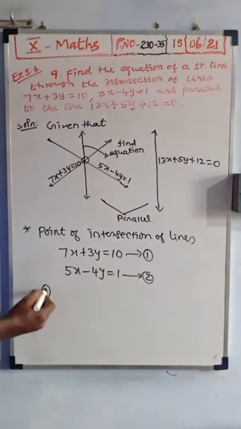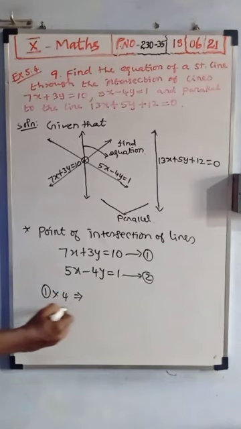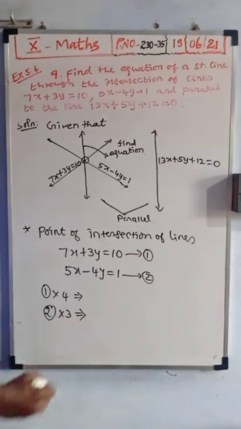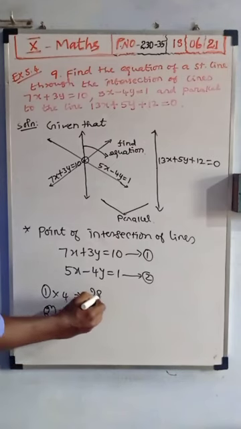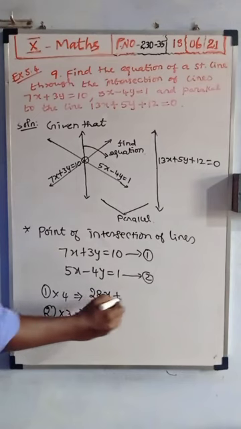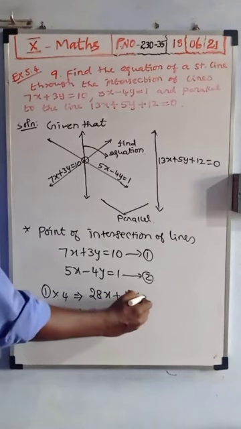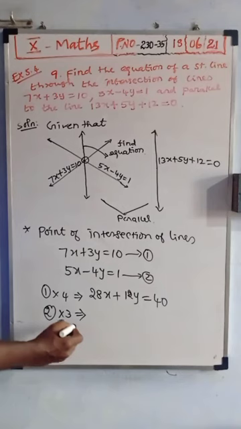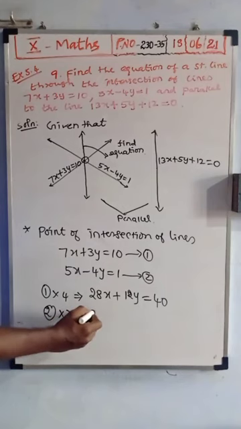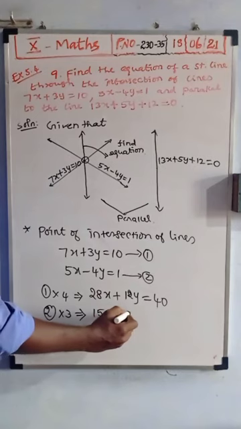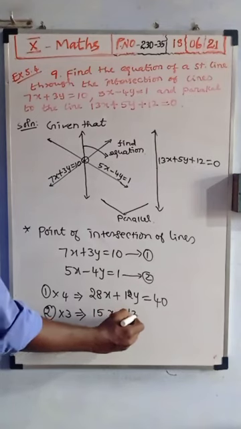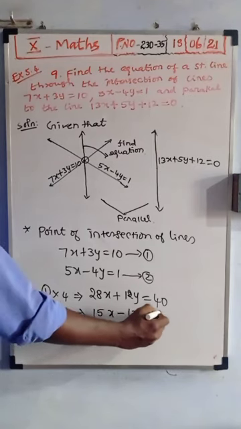That means the first equation you should multiply by 4, the second equation you should multiply by 3. Then the y term automatically goes while adding. Now 4 sevens are 28x plus 4 threes are 12y is equal to 4 tens are 40. Second equation multiplied by 3: 5 threes are 15x minus 3 fours are 12y is equal to 3 ones are 3.